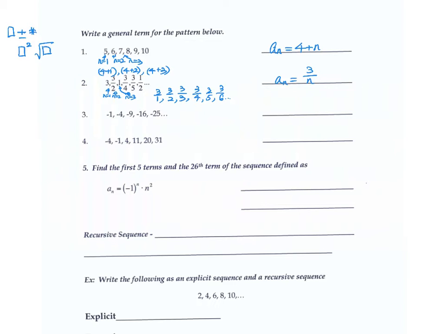The third one, what's the relationship? I'm going to skip some steps here. Can you see, if I put the value of n, when n equals 1, 2, 3, 4, 5, how they are connected with each term? And if I have to rewrite it, there's a negative sign. -1 is -1. -4 is -2 squared.